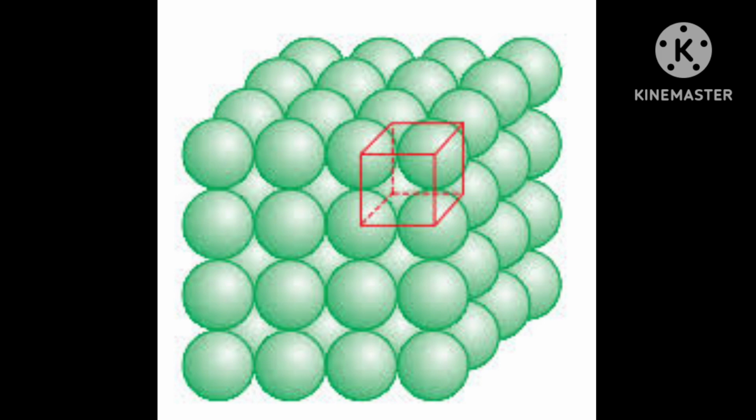The second layer is placed over the first layer such that the spheres of the upper layer are exactly above those of the first layer. In this arrangement, spheres of both the layers are perfectly aligned horizontally as well as vertically.